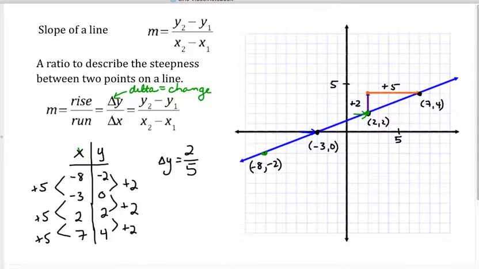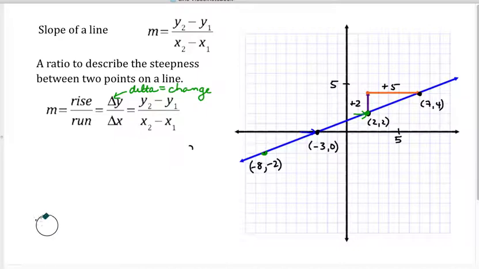For those of you who like to think of a formula, who like a rule that you can apply, we've got one. And the rule that we use is that we find the difference. We find the distance in our y values. How far is it from this y value here?